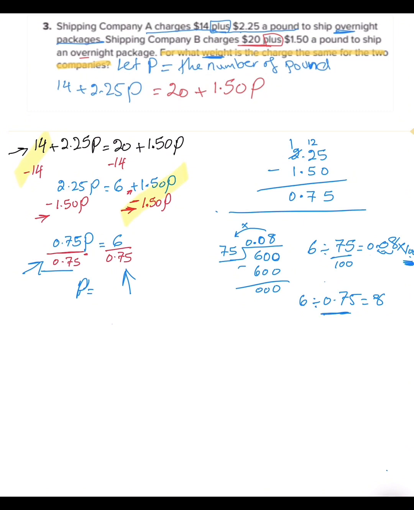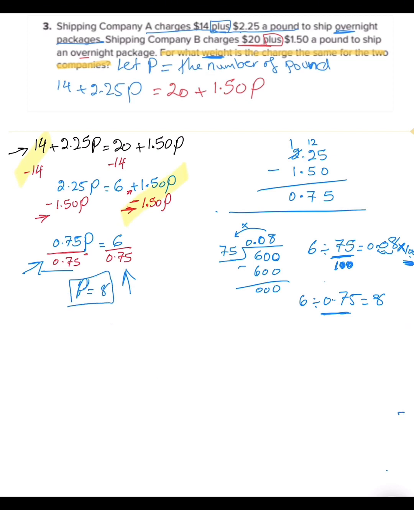Because this is 0.75, okay, not 75 only, 0.75. So how can we get from 75 to 0.75? We divide by 100. If we divide by 100 here, the solution is multiplied by 100. Okay, so 8. So 8, here 8.